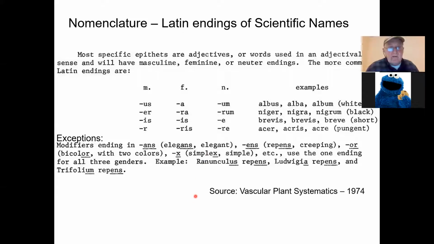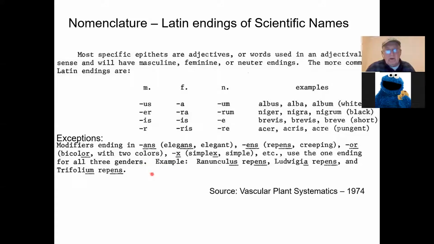Okay, I'm trying to tell you about the exception. Normally, the genus name agrees in the ending with the specific epithet, but trees are an exception. Most trees are treated as feminine. For example, Quercus alba, white oak. Quercus rubra, red oak.